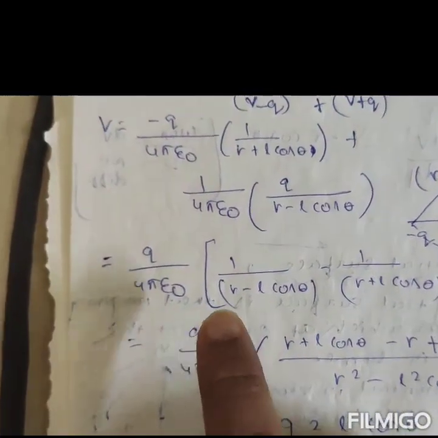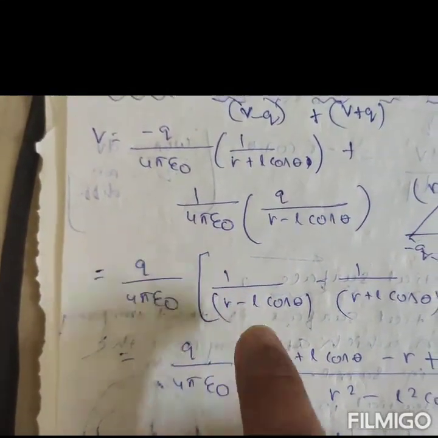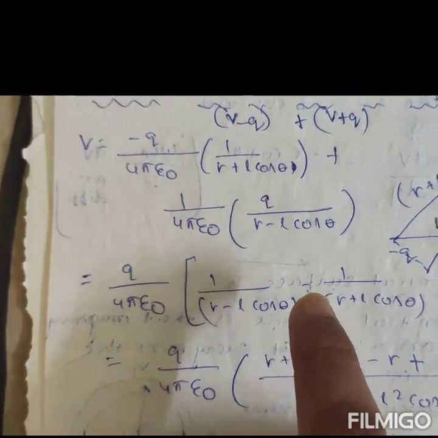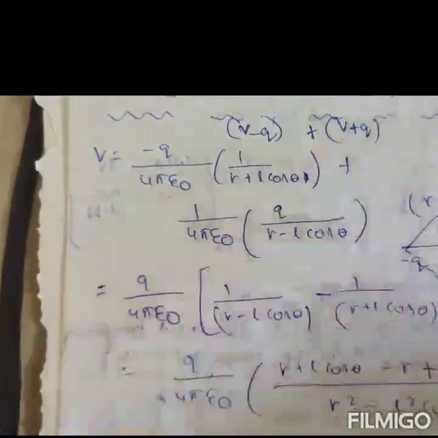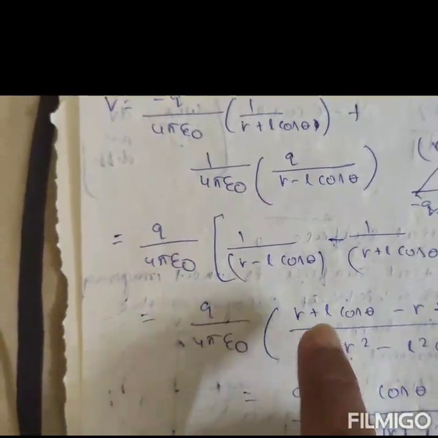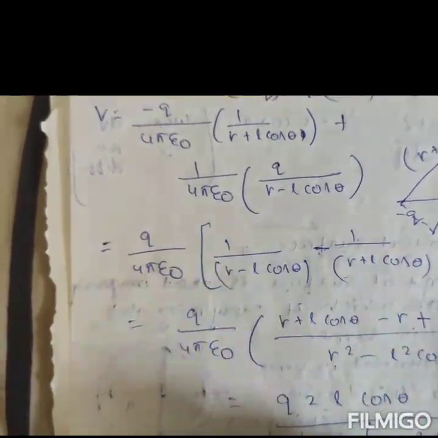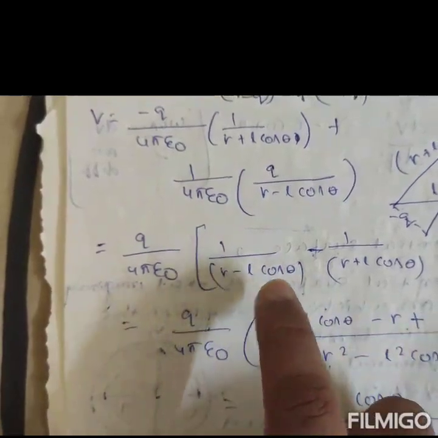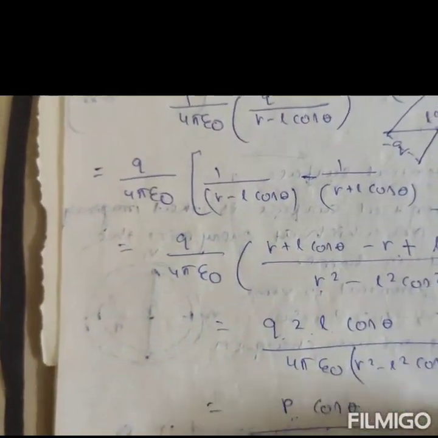So if you derive this further, this is Q by 4 pi epsilon naught times 1 by (R minus L cos theta) minus 1 by (R plus L cos theta). You have done this so many times: R plus L cos theta this side, R minus L cos theta this side, and this will be R square minus L square cos square theta, with Q by 4 pi epsilon naught outside.